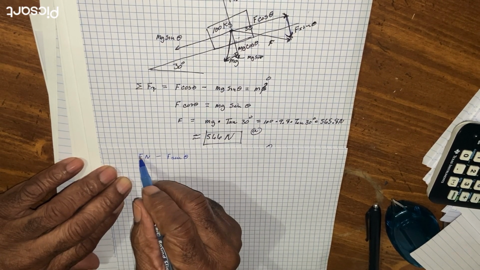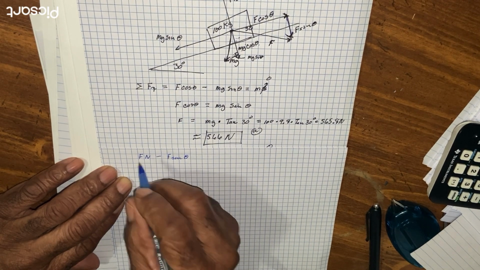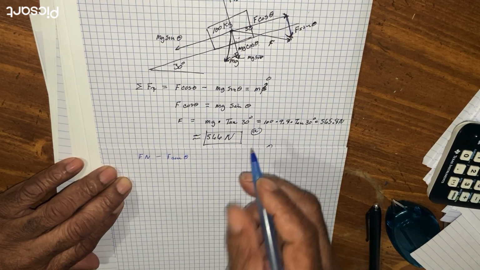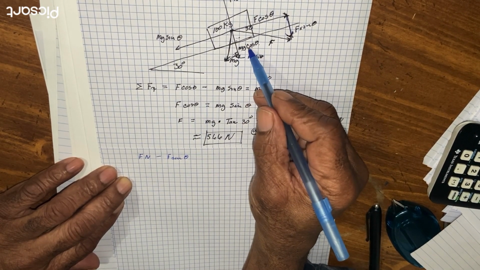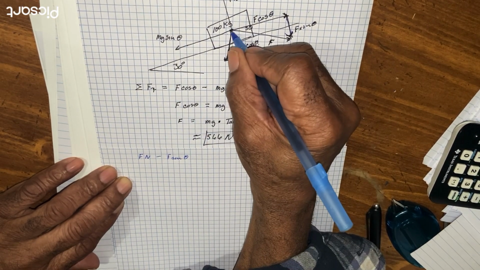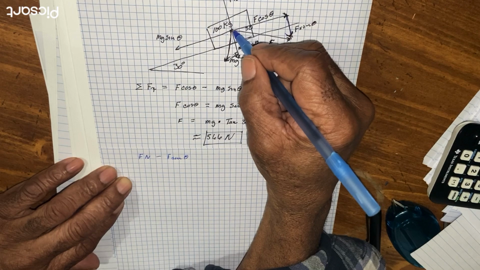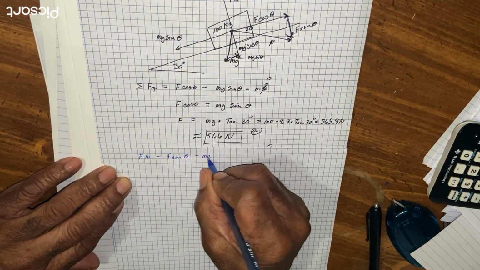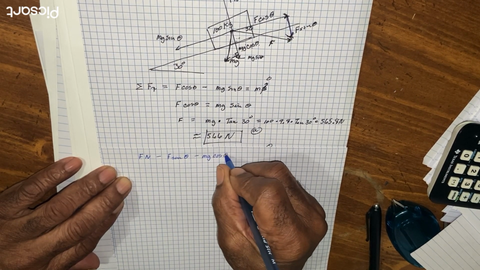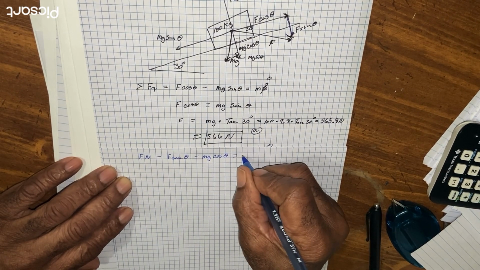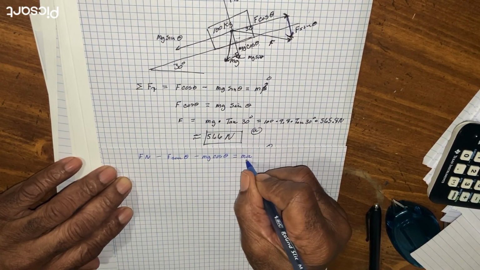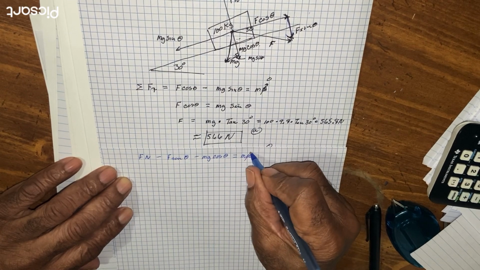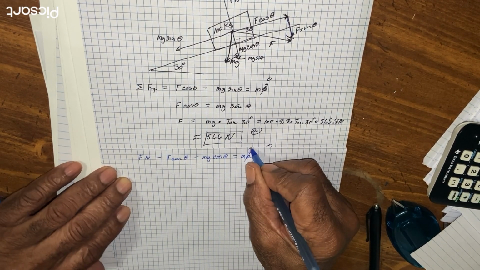I don't want to confuse this Fn with this F here, so I'm just going to put F normal, that they're different. Then we have mg cosine theta. Fn minus mg cosine theta is equal to ma. And we know that the box does not leave the ramp, so we say the acceleration is 0.